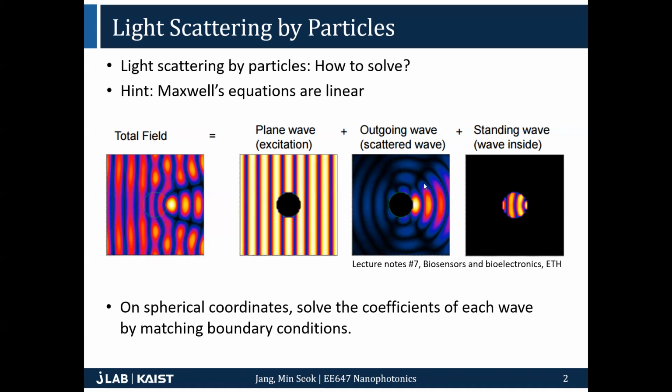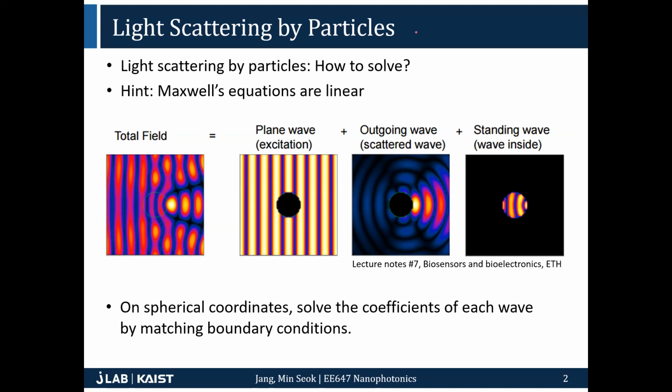This is basically the perturbation due to this nanoparticle outside the particle. And then the standing wave, the wave inside the particle. If you superpose all these waves, you get the total field. So basically it's the same technique.